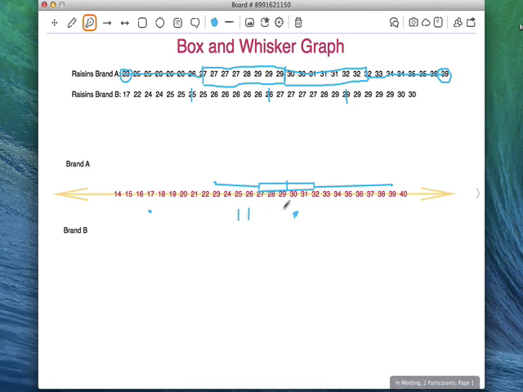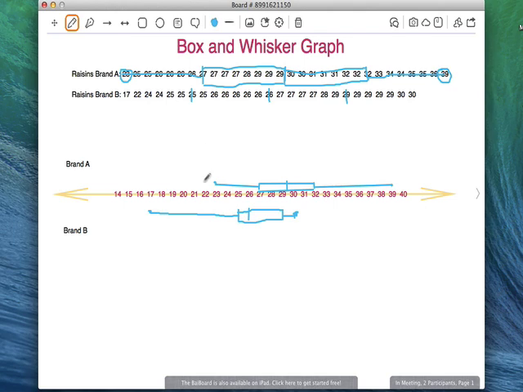The upper quartile is at 29. We now have our box and our whiskers. This is going to be a really squiggly line. Oh, I did it. There we go. So we have a box and whisker for each set of data.